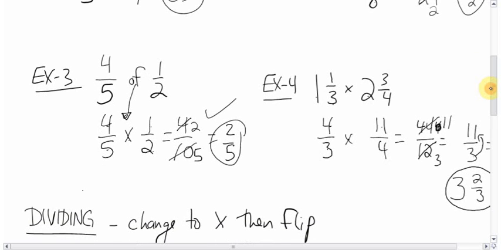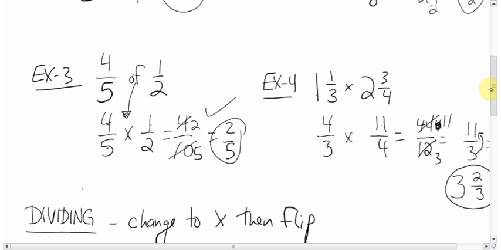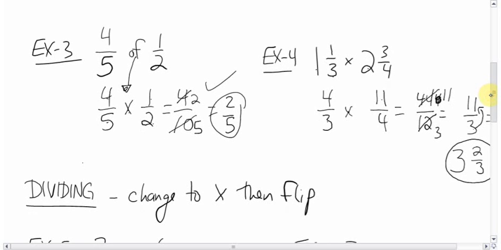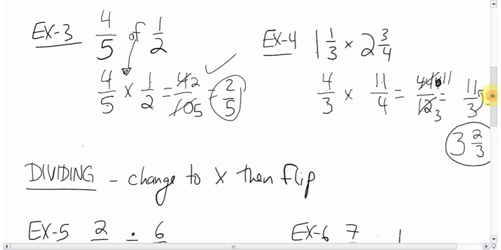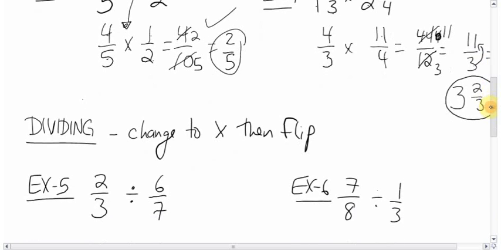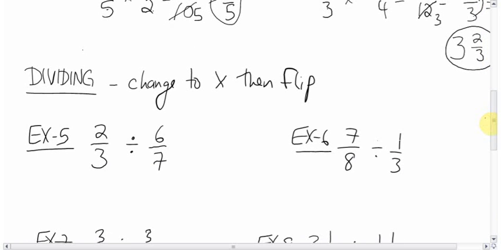Dividing. One extra step to dividing compared to multiplying, but it's easy. All you got to do is you take every dividing question, you change it to a multiplying question, and then you flip the second fraction. Maybe in class we'll show you why you have to do this, but just for now, that's the method of that.